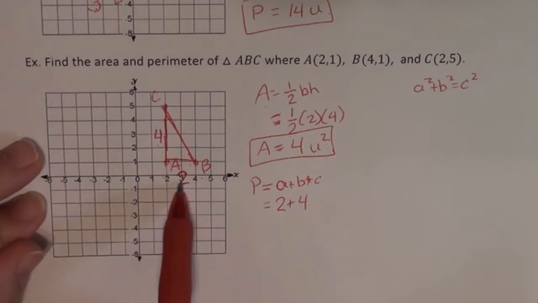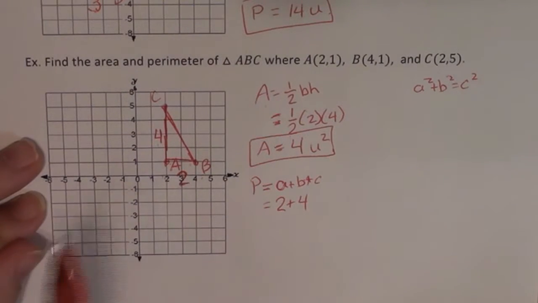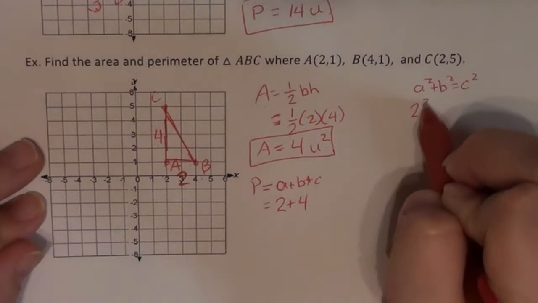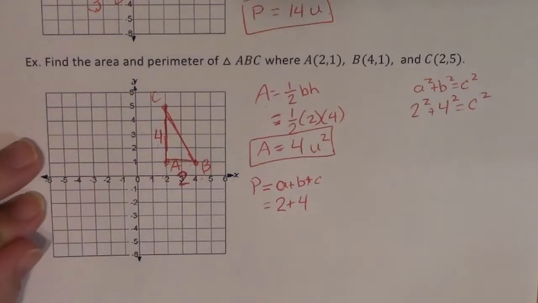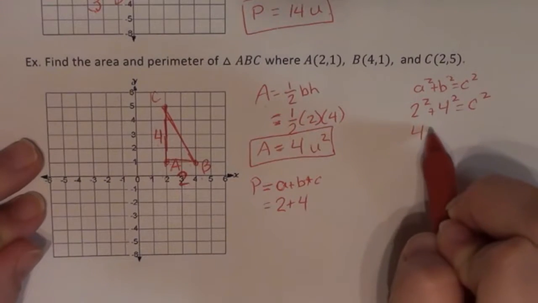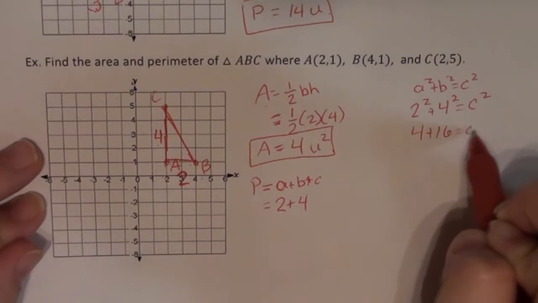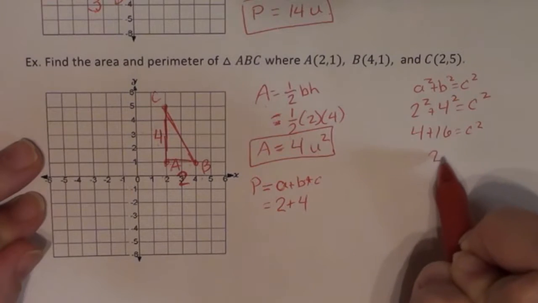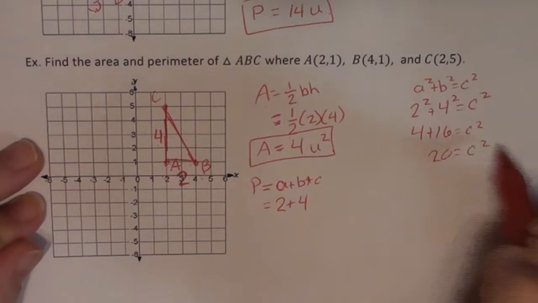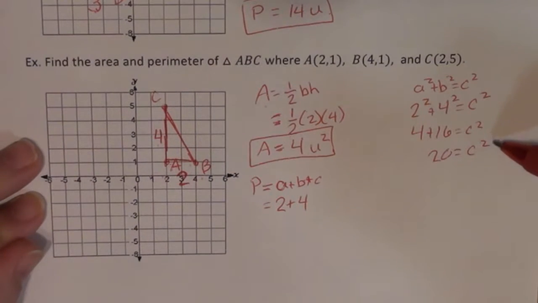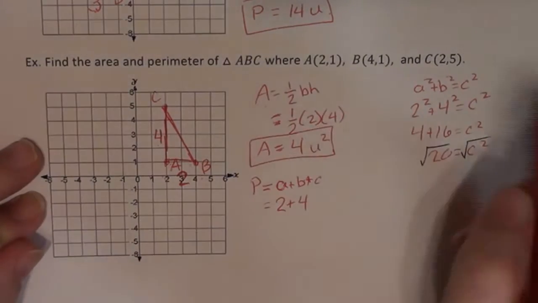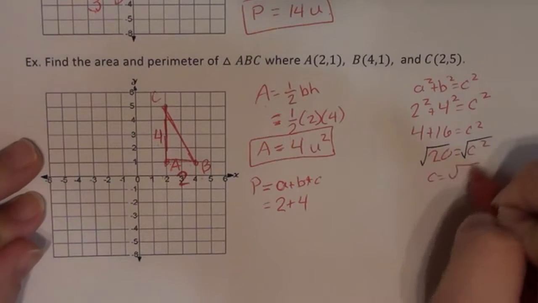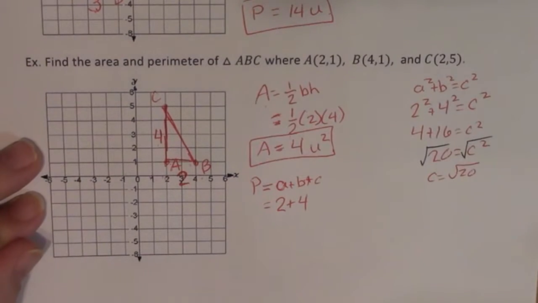a and b are the 2 legs. So this is 2 squared plus 4 squared equals c squared. This is 4 plus 16 equals c squared. So 20 equals c squared. To get rid of the square, you take the square root of both sides, and you get c equals the square root of 20.